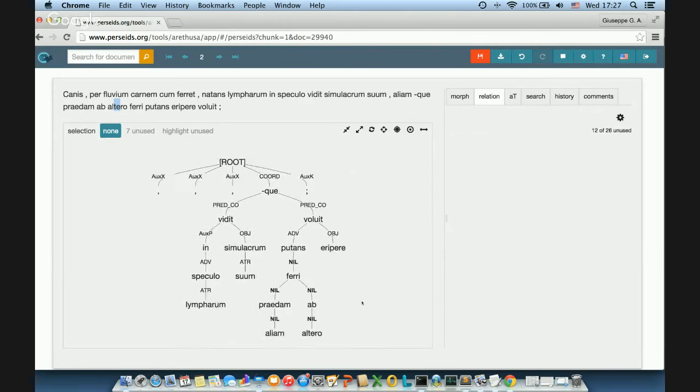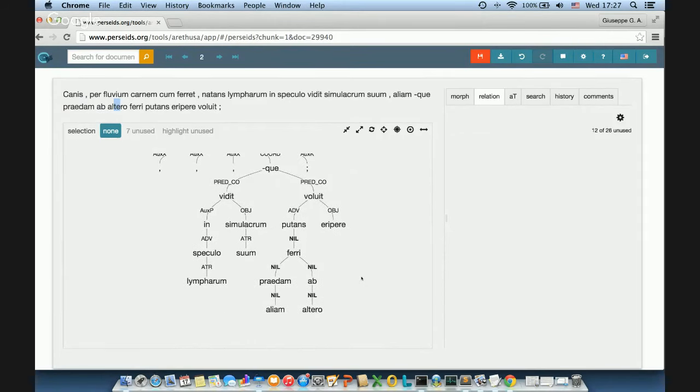Again, there is a clear parallelism here with what I have been saying so far. Why? Because again, ferri, I translated this passage with thinking that another prey was brought by another animal or another dog, right?